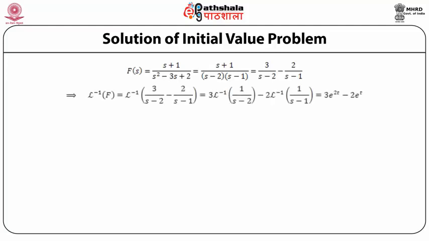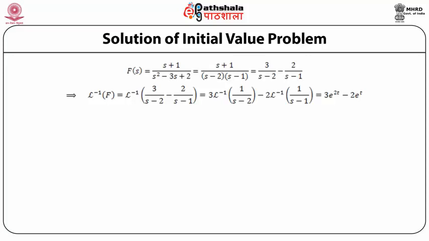Hence, the inverse Laplace transform of capital F is equal to the inverse Laplace transform of 3 by s minus 2 minus 2 by s minus 1, which is simplified to get 3 times the inverse Laplace transform of 1 by s minus 2 minus 2 times the inverse Laplace transform of 1 by s minus 1. This gives the inverse Laplace transform of capital F is equal to 3 into e raised to power 2t minus 2 into e raised to power t.